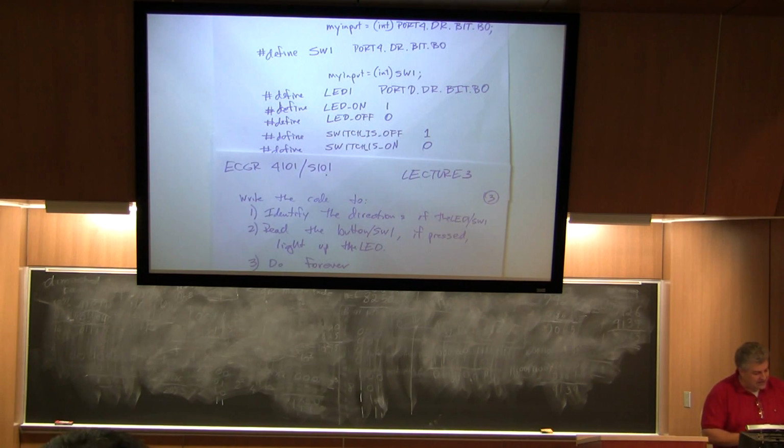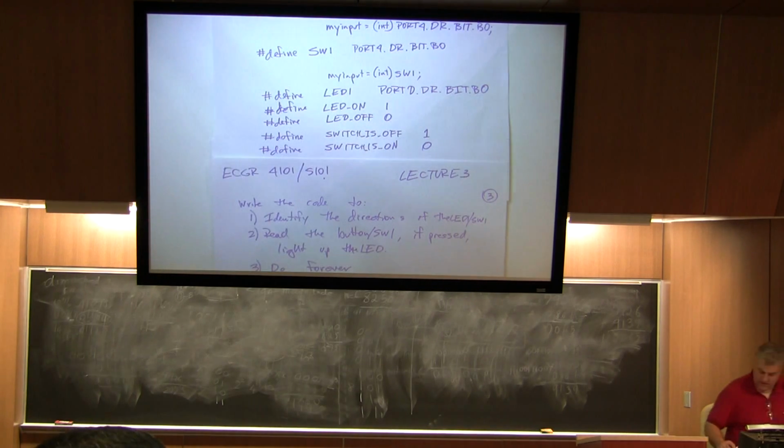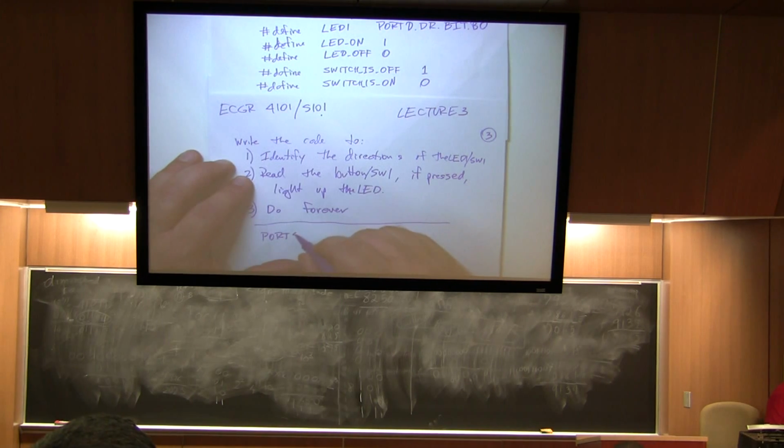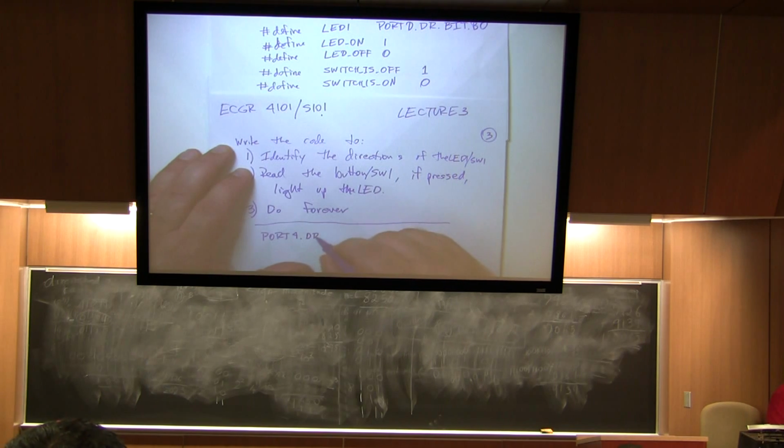Okay, so the first thing I said is identify the directions of the LED. We already know how to do that, right? You do realize that port 4 is the what? LED or the switch? So that means it's going to be an input, correct?